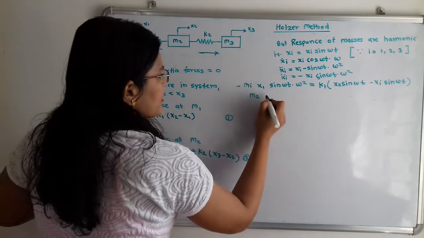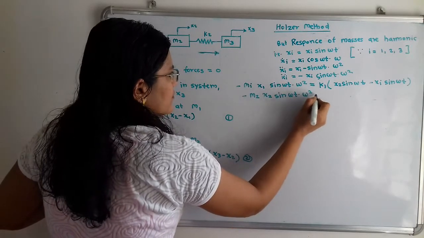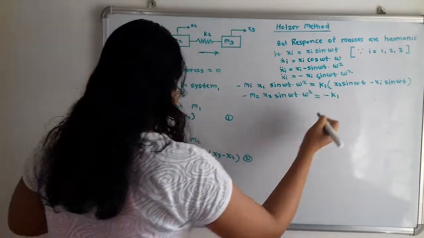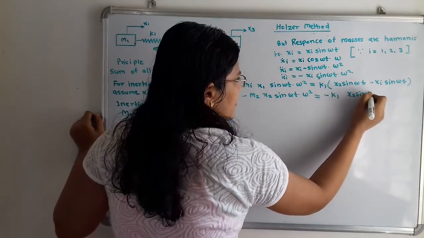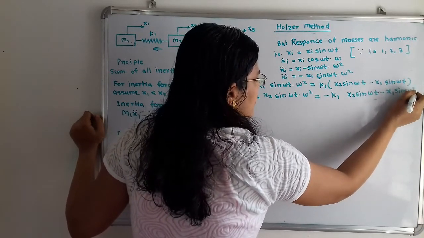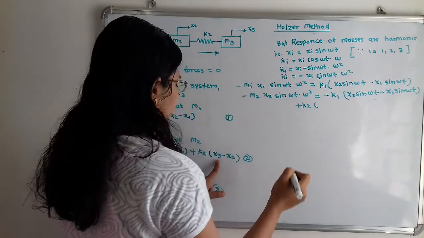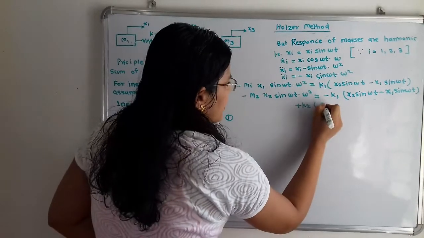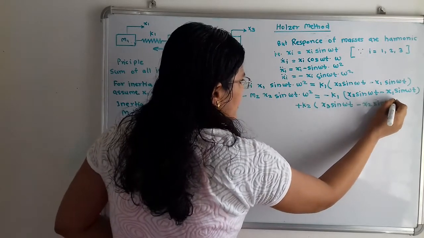So instead of x2 we will write minus x2 sin of omega t into omega square, which is equal to, on the right hand side, minus k1 times x2 sin omega t minus x1 sin of omega t, and plus k2 in the bracket x3 minus x2. So x3 sin omega t minus x2 sin omega t.